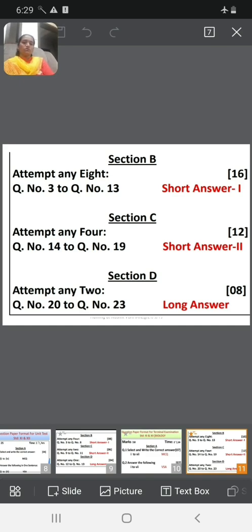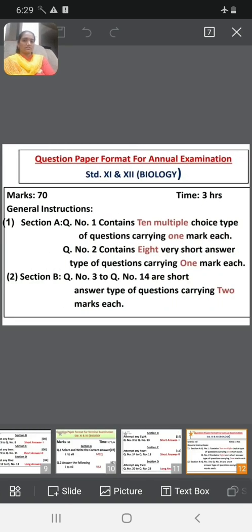How many questions have to be attempted? You have to attempt any 4 questions for 12 marks, 3 marks each. And the last section, section D, attempt any 2, question number 20 to 23. Out of that you have to attempt only 2 questions, for 8 marks, 4 marks each.